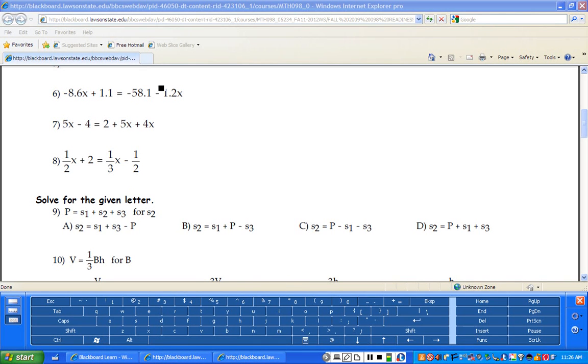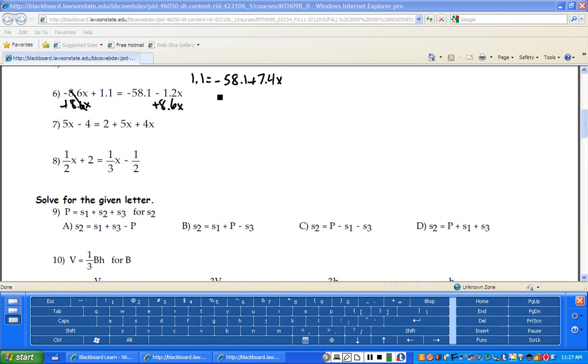Variable on both sides, moving the smaller to the bigger, so I'm going to add 8.6x to both sides. Add 8.6x to both sides. Cancels here. 1.1 equals negative 58.1. Okay, so that equals a negative 58.1, and my negative 1.2 plus 8.6 gives me a positive 7.4x.